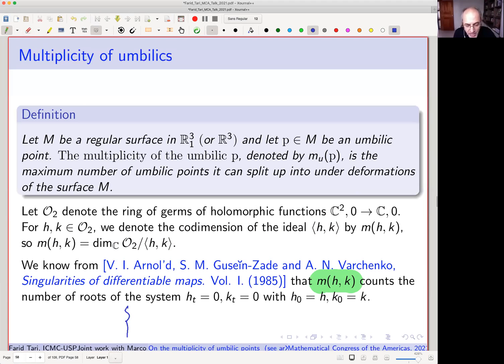So I have a system of equations, h of 0, k of 0. This multiplicity will give me the number of roots of the system h of t, k of t, where h of t and k of t are deformations of h0, k0. And you can see where we're getting there.